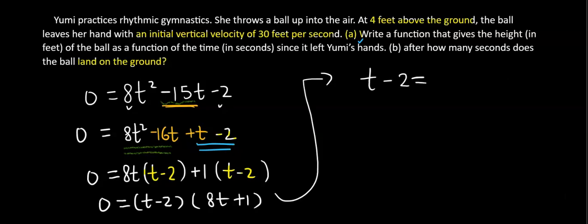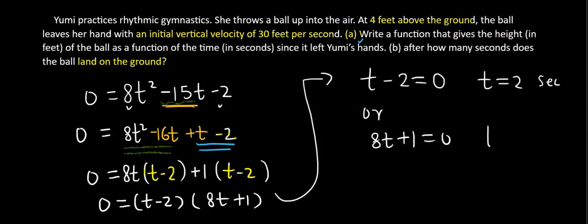t minus 2 is 0, which gives us t is 2 seconds. And don't forget, or 8t plus 1 equals 0, which gives us t is negative 1 over 8 seconds. As we discussed with distance and time, we cannot have a negative quantity.